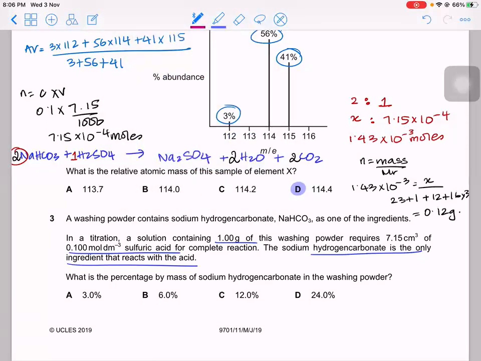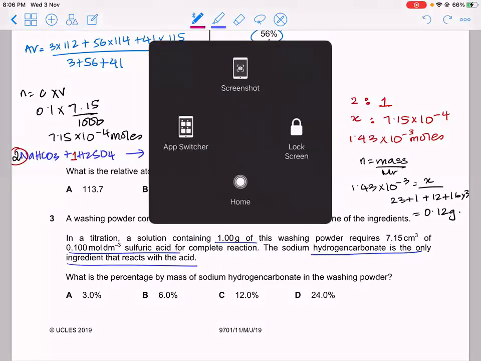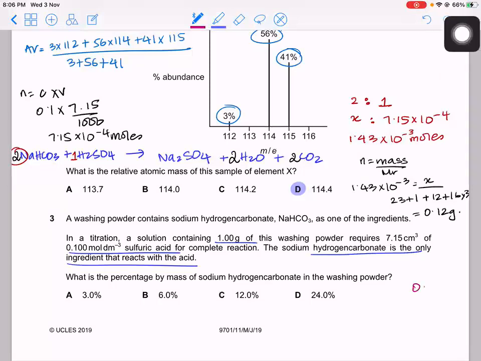Once you find the mass, you need to find the percentage. The total mass of washing powder was 1 gram, out of which sodium hydrogen carbonate is 0.12. So 0.12 divided by 1 times 100 gives you 12%. The answer is C.